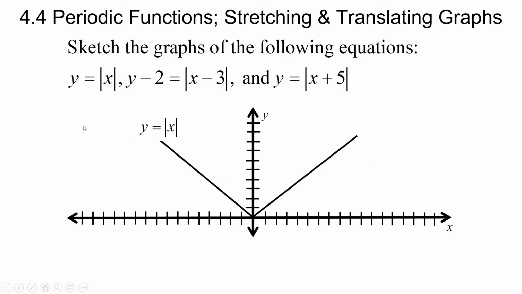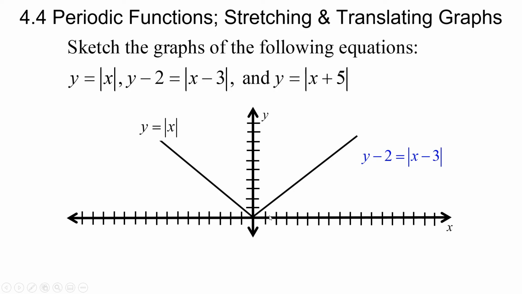Now, if I take y equals the absolute value of x and I rewrite it as y minus 2 equals the absolute value of x minus 3, that means I'm going to take this graph and translate it to the right 3 units and then up 2 units. So see this vertex?